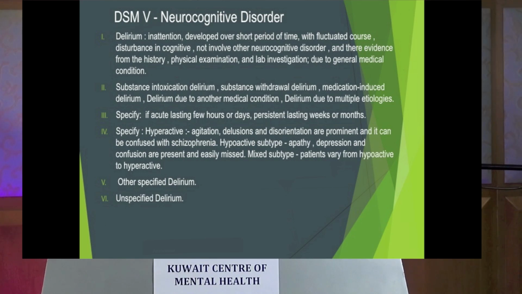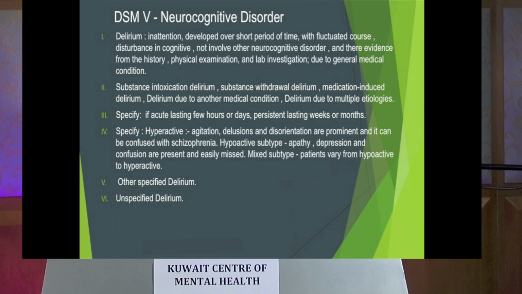Very important here, when you diagnose delirium, you have to specify, is it acute, from hours to days, or is it chronic, lasting weeks or months? And specify which type. Is it hyperactive, where the person presents agitated, with delusion, disorientation, which can sometimes be confused with schizophrenia?